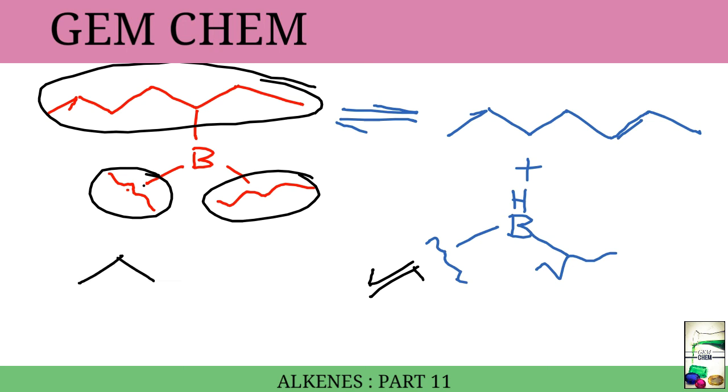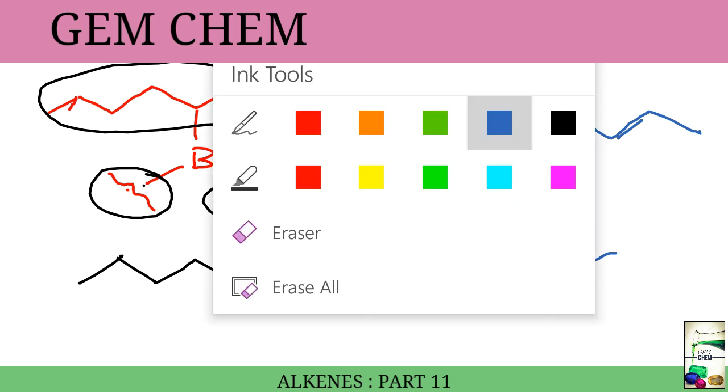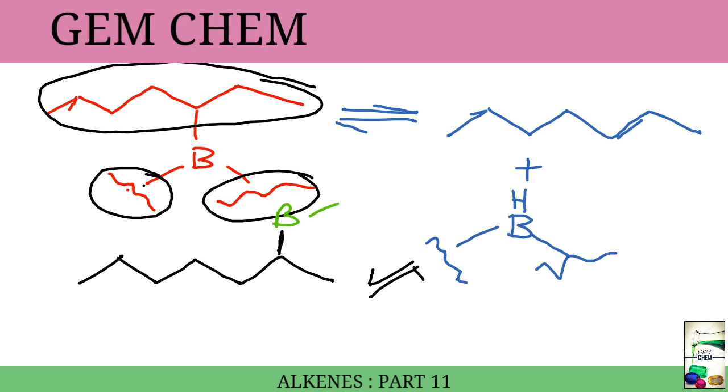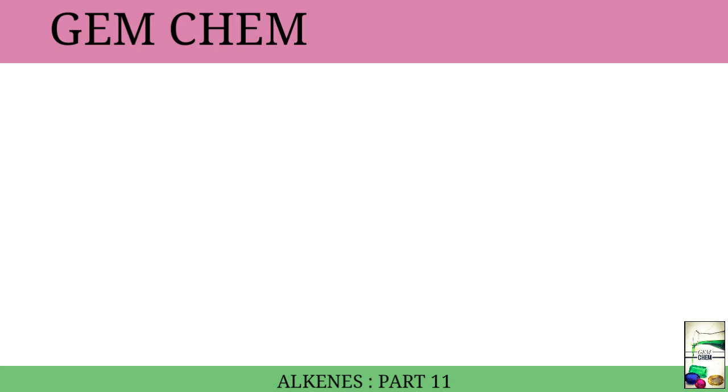This will give, suppose this one, it is coming and getting attached to this particular carbon. If we draw like this, that is boron, and these 2 are present, then this. Again in the next step what happens, it breaks up.